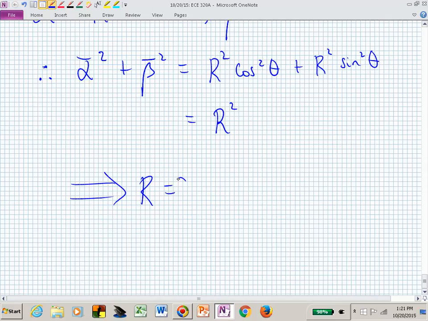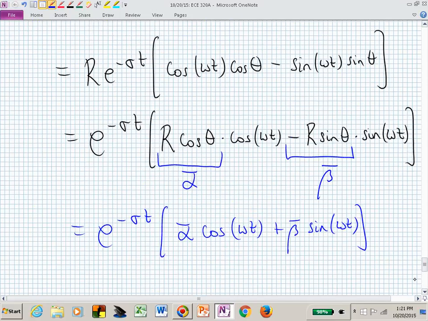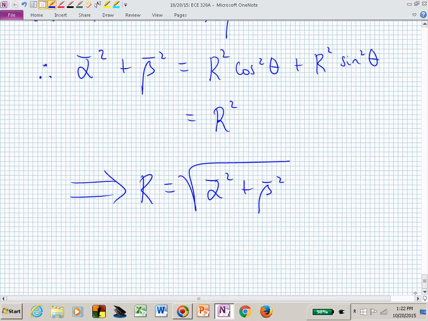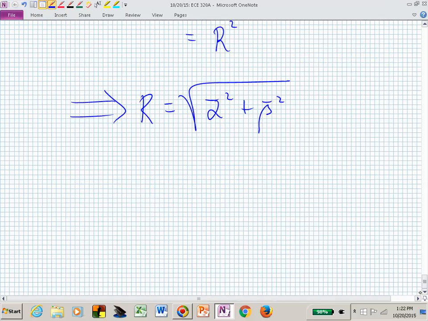What is R? R is now just the square root of alpha bar squared plus beta bar squared. So now if you know your alpha bar and beta bar in this one way of writing it, you can get the magnitude piece, the R piece, by just taking the square root of the sum of the squares. And we can get the angle if we look at the ratio of beta bar over alpha bar.